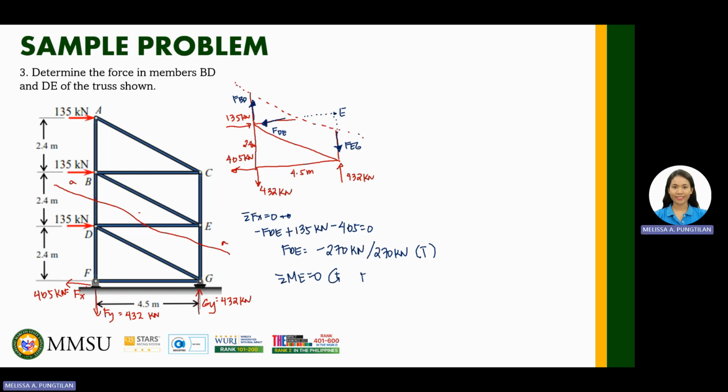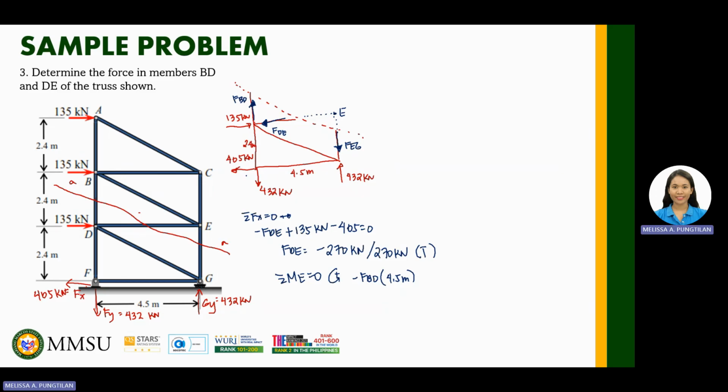So, FBD, it will create a clockwise motion, so minus, and then the moment arm is 4.5 meters. Next, may cancel out yung FDE, FEG. Makakancel din si 135, right? And then, makakancel din si 432. Ayan. Nakadirect lahat sila sa joint E. So, cancel. Walang mga moment arm.